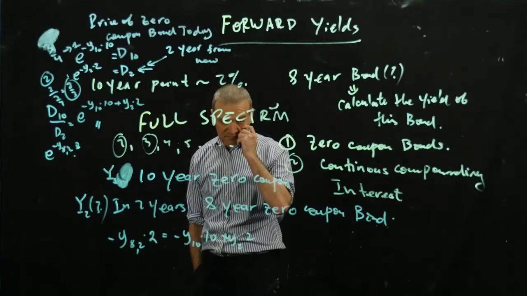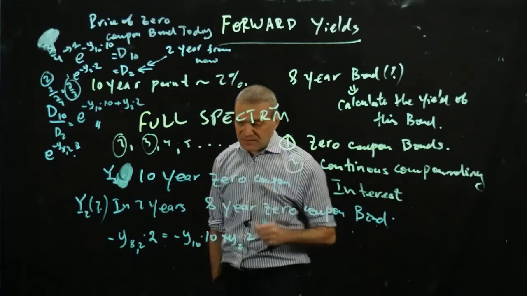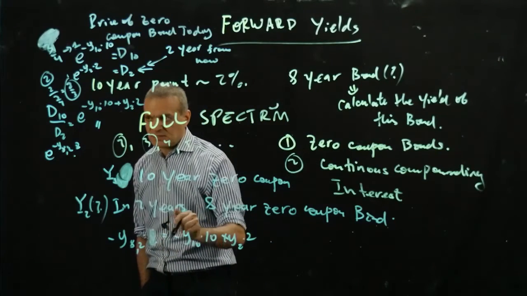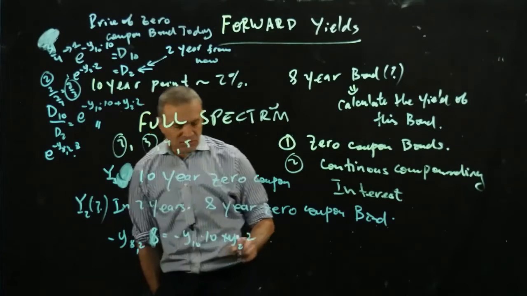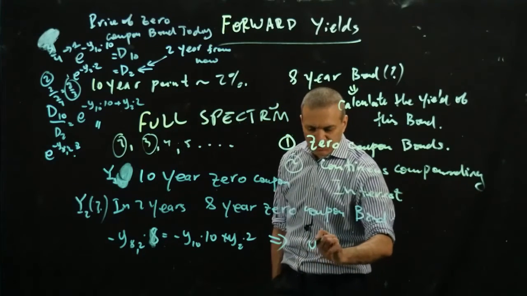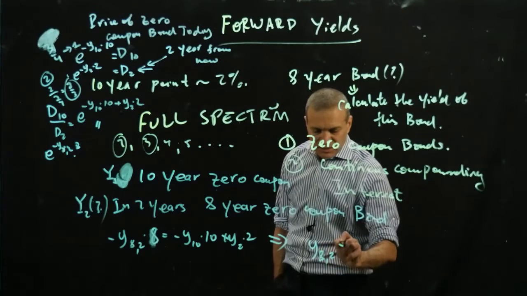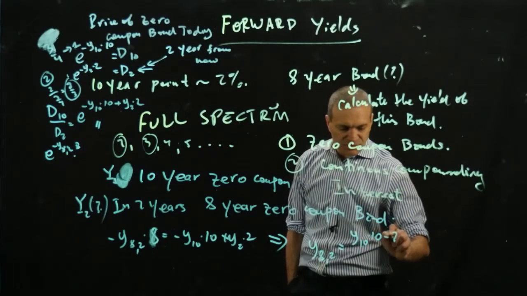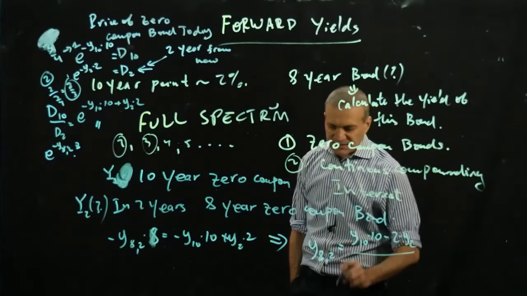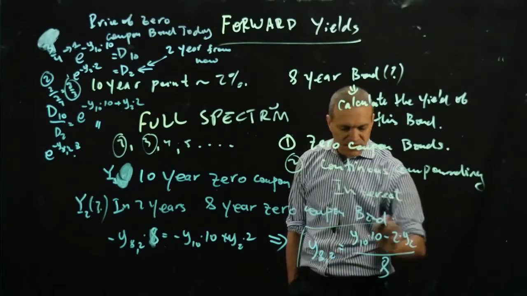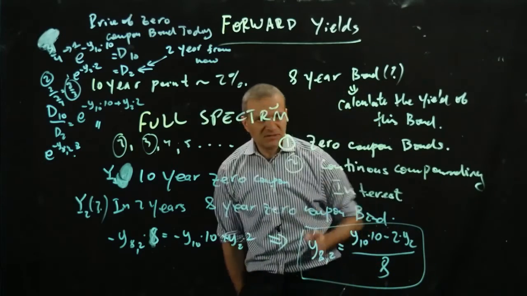So if you look at that, this is basically saying that y(8,2) equals y10 times 10 minus y2 times 2, divided by 8. That's it. That's all there is to it.